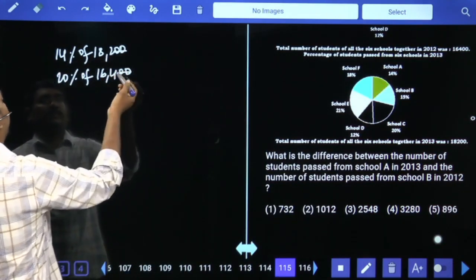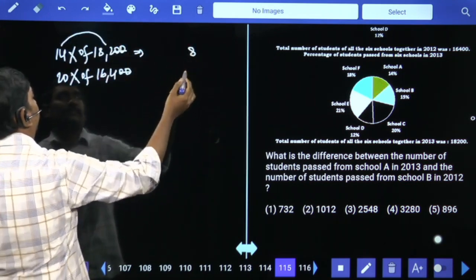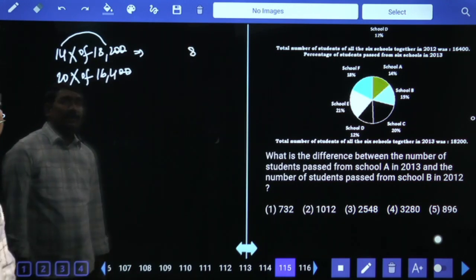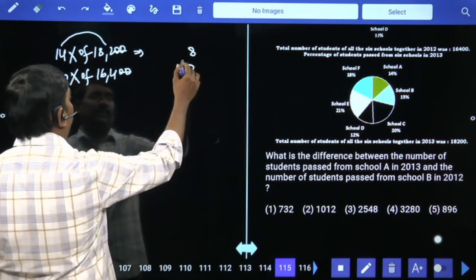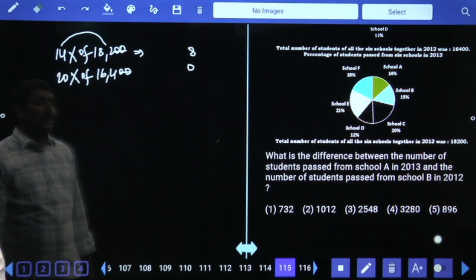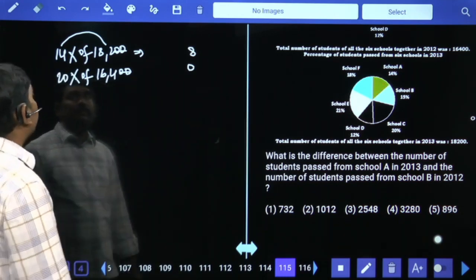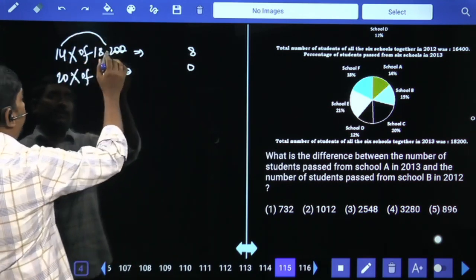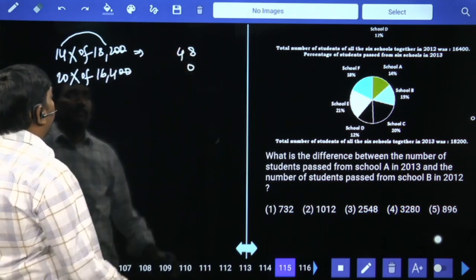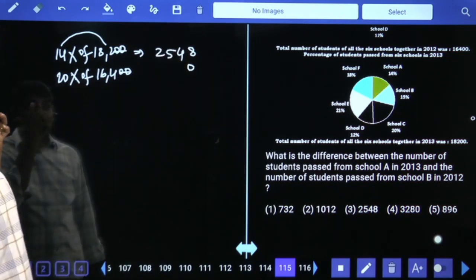Last digit verification: it might be 8 minus 0 or 0 minus 8, so which one is more? 14 times 182 gives 2,548, and 20% of 16,400 is 3,280.